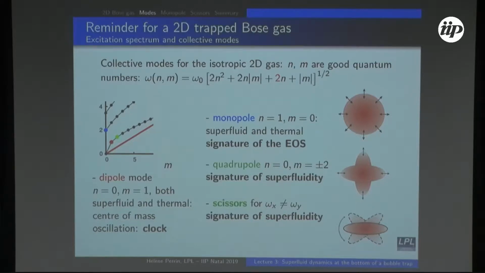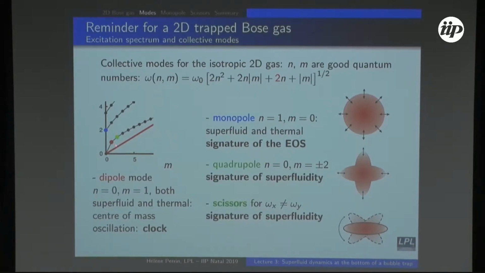And this is a signature of the equation of state, because with the breathing, you compress or decompress the gas. So you can test the way the chemical potential depends on the density through the frequency of this mode. In the case where you have an equation of state that is just mu equals gn, then it is twice the trap frequency. If it's not the case, it shifts the frequency of this mode.